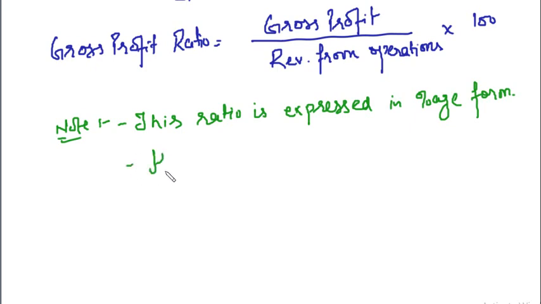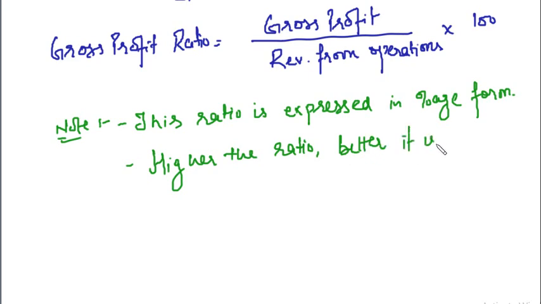Second, higher the ratio, the better it is. Higher the ratio, better it is. Because higher ratio means higher gross profit out of the total revenue. Clear? So higher the ratio, the better it is.